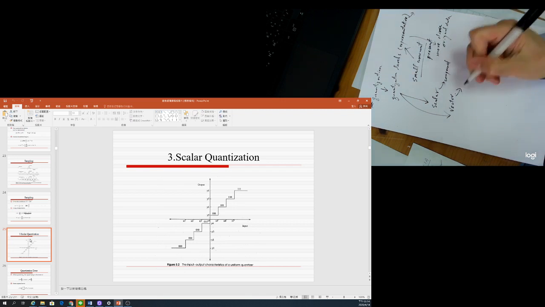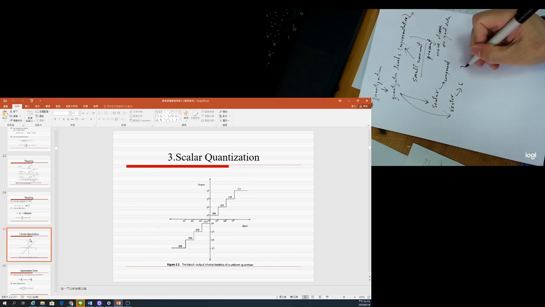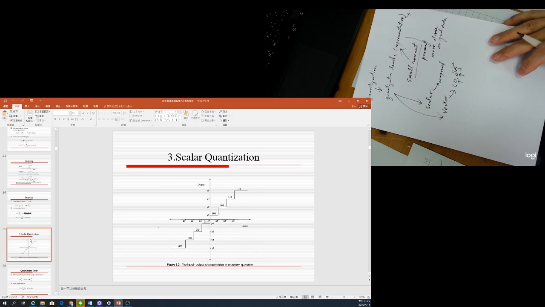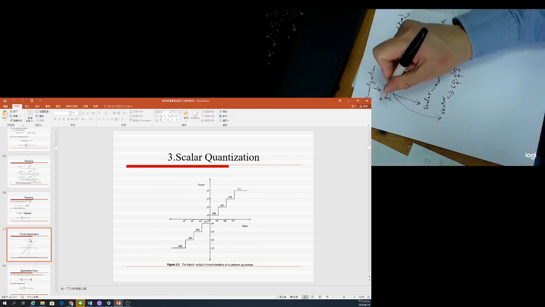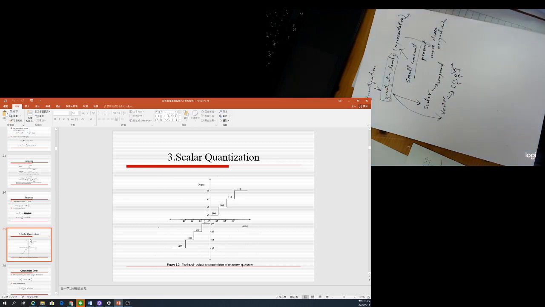Vector quantization means your quantization is based on a vector, where each vector has two elements or more, depending on your application. So first, we try to find a better quantization level. The quantization level gives you some representatives, using a small number of representatives to indicate a more complicated data set.